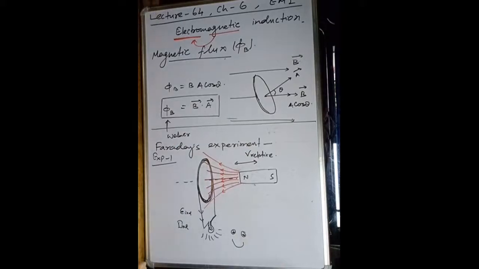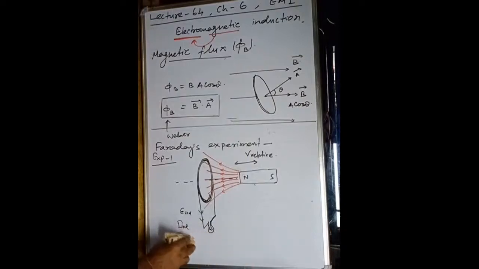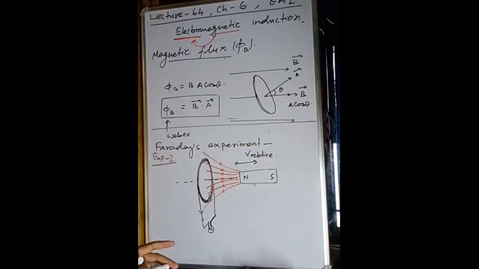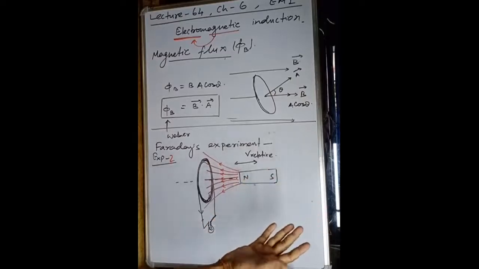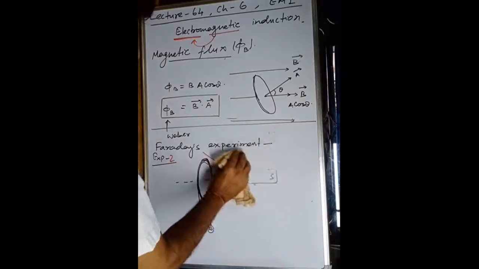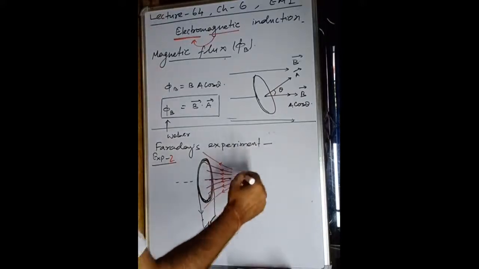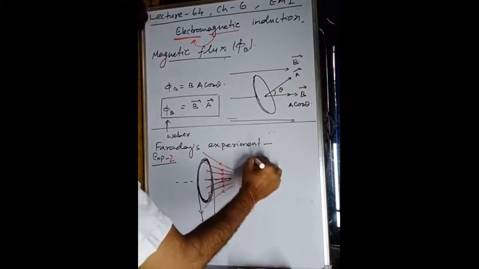In the next experiment, Faraday did experiment number 2. In this experiment, Faraday removed this magnet and placed another coil with n number of turns in its place.